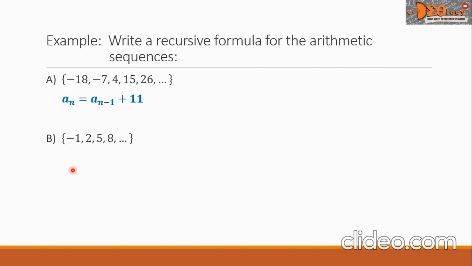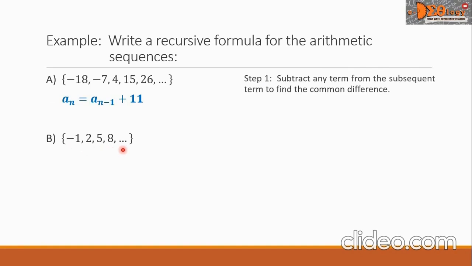Negative 1 as the first term, positive 2 second term, 5 third term, and 8 as the fourth term, so on and so forth. So step 1 is we subtract any term from the subsequent term to find the common difference.